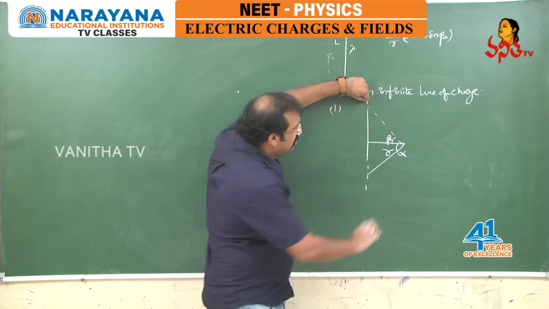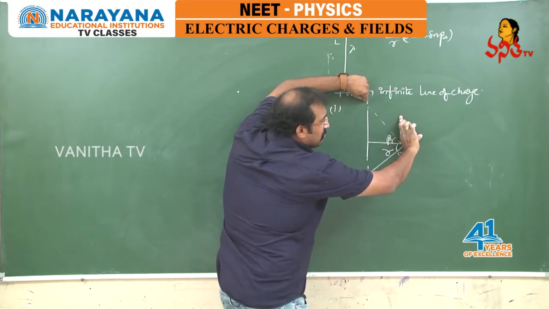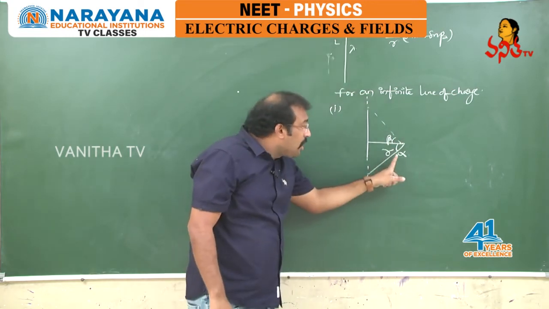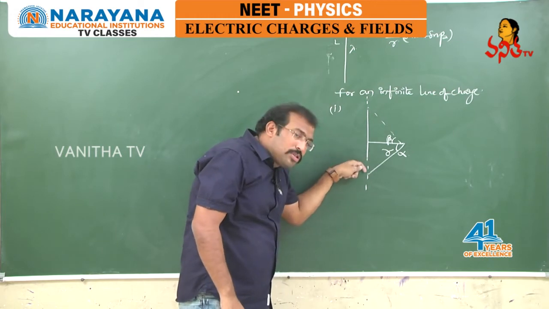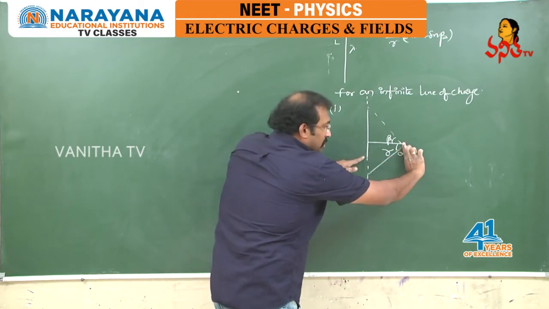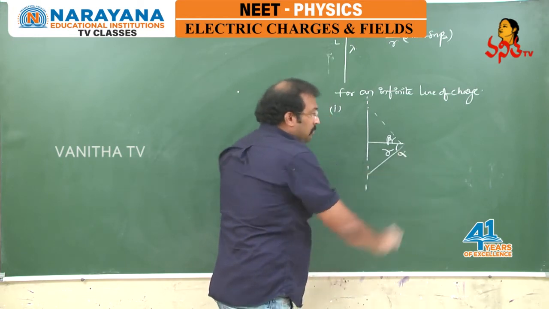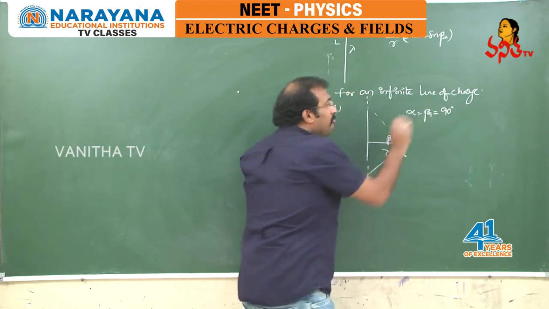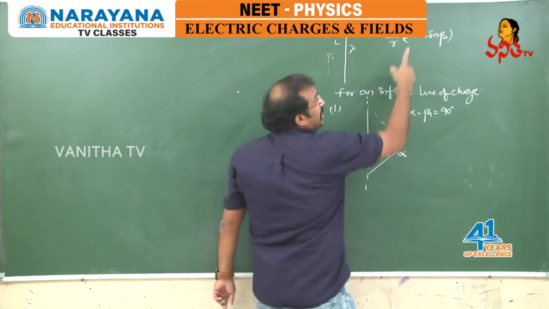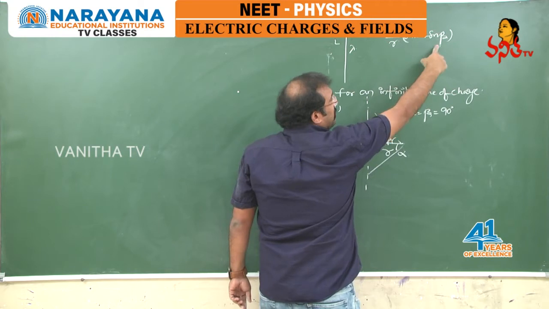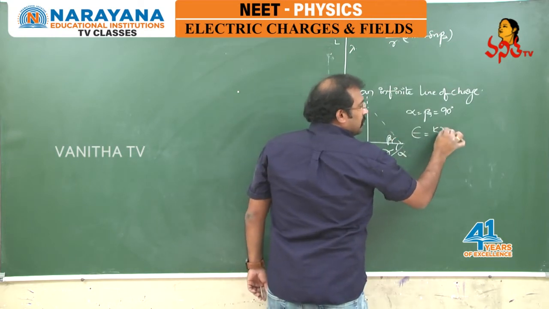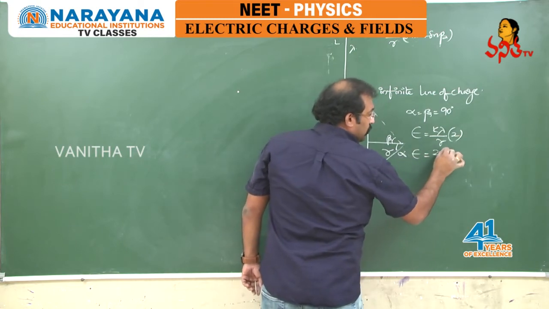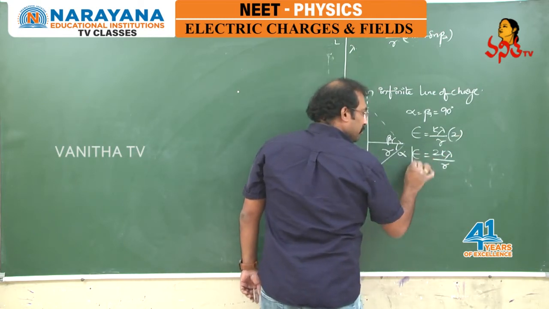As I extend the line, these angles go on increasing, and beta becomes 90 degrees when it becomes infinity, and alpha is also 90 degrees. So alpha is equal to beta is equal to 90 for an infinite line of charge. Then sin alpha plus sin beta becomes 2, so E is equal to 2k lambda by r.